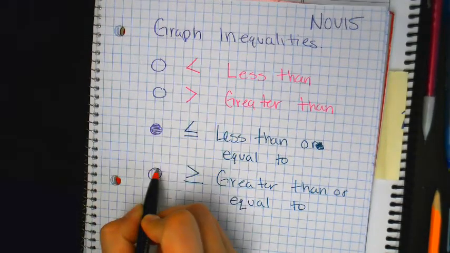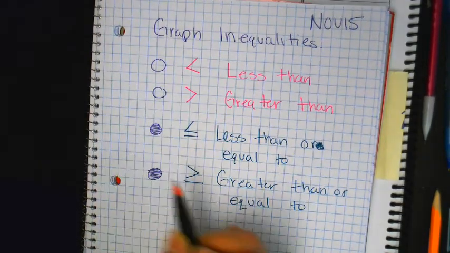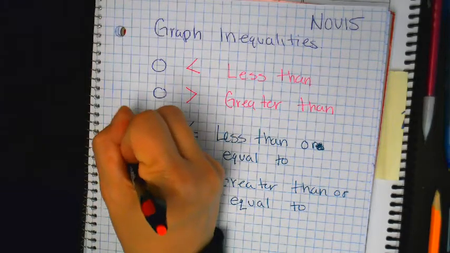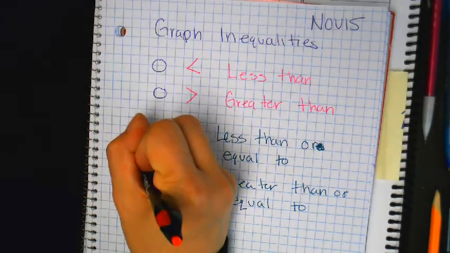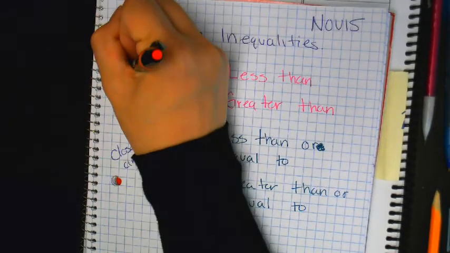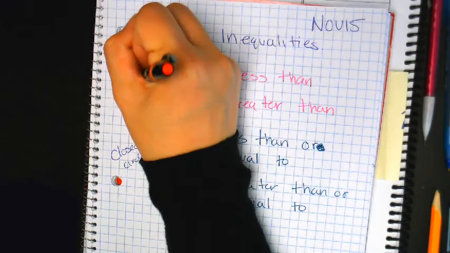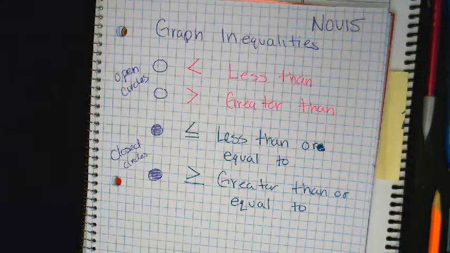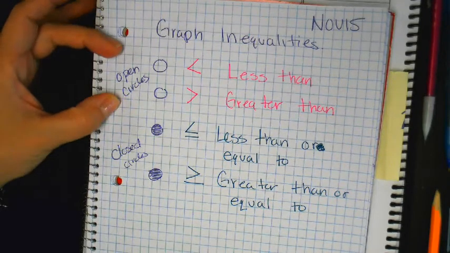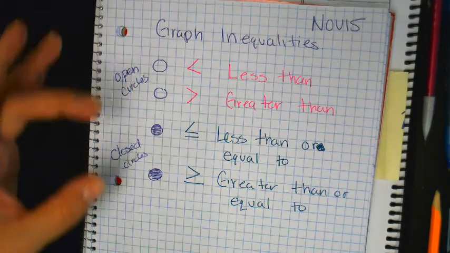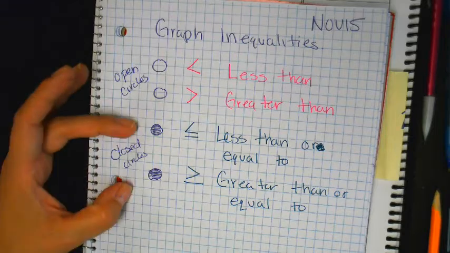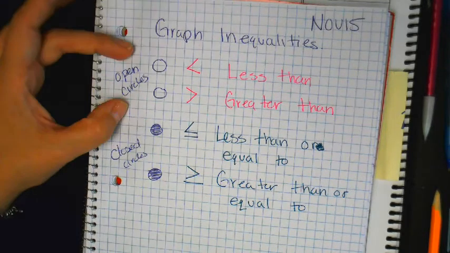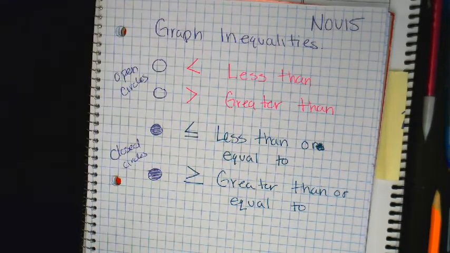These are referred to as closed circles, and these are referred to as open circles, okay? And it doesn't make sense to you right now, but it will once we start doing the next activity. But these are like your reference points. You're like, wait, which ones have open circles and which ones have closed circles? These 2 at the bottom have closed circles. These 2 at the top have open circles, and I'll go into detail of why in a second.